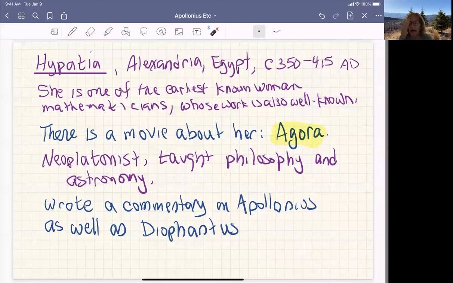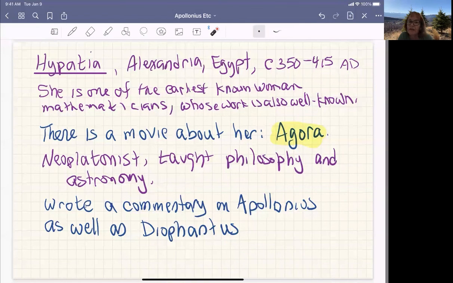And there actually were earlier women mathematicians. For example, there were women among the Pythagoreans. And there's another woman who is an earlier named woman mathematician, but we don't have as much information about what the earlier person actually did. But we do know a lot about what Hypatia did.